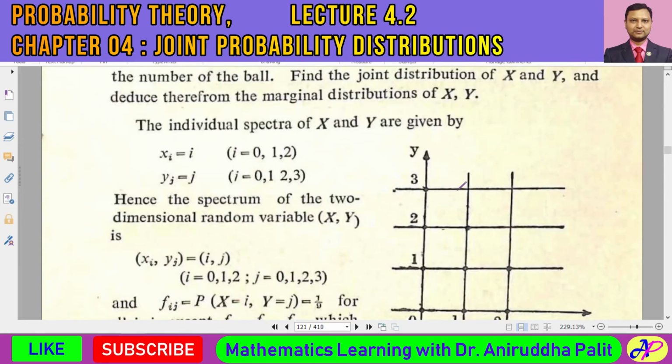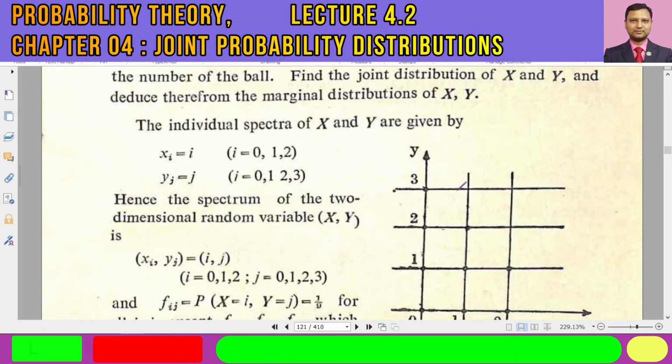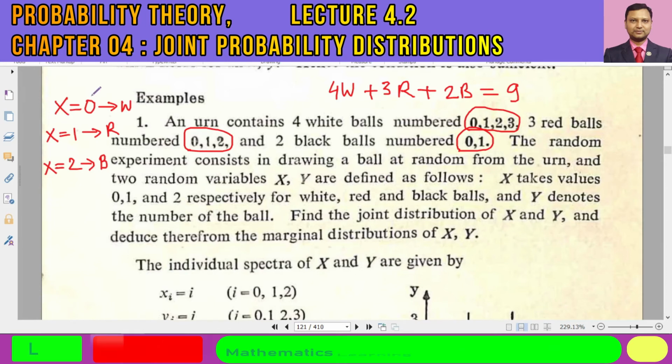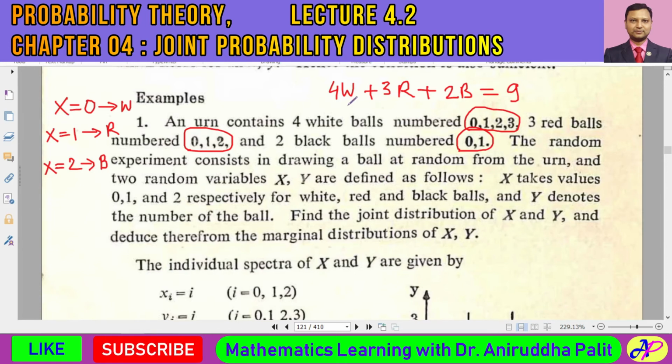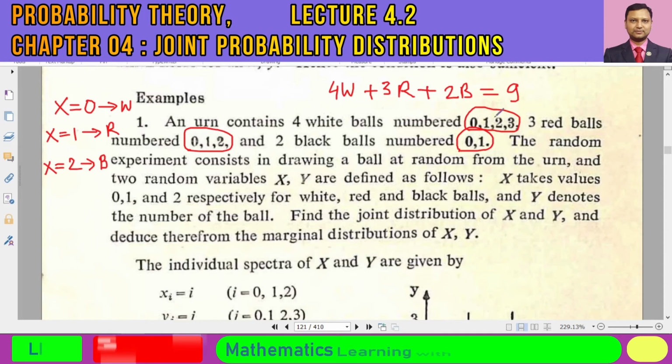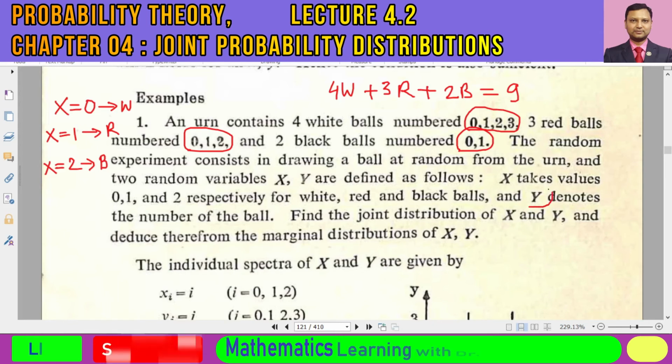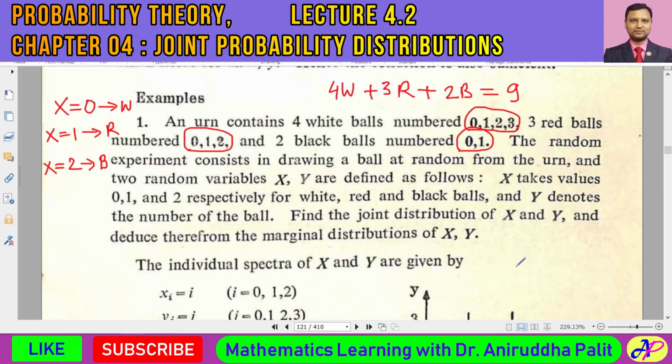Now what are the values of X and Y? X would take three values: 0, 1 and 2. If X is equal to 0, that means we have the white ball, then the possible numbers taken by the random variable Y are 0, 1, 2, 3. So if the first coordinate is 0, what would be the second possible coordinate? The value of Y may be 0, so (0, 0) would be a possible choice.